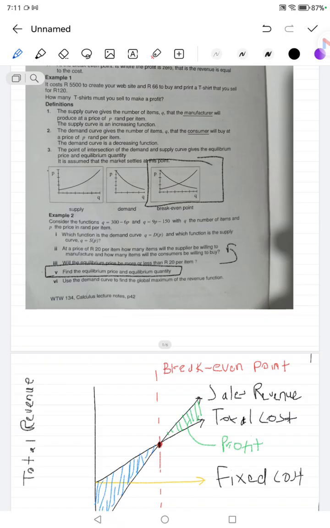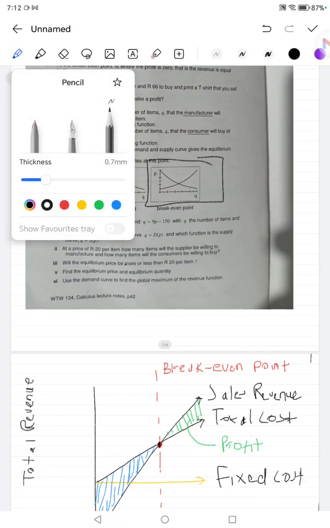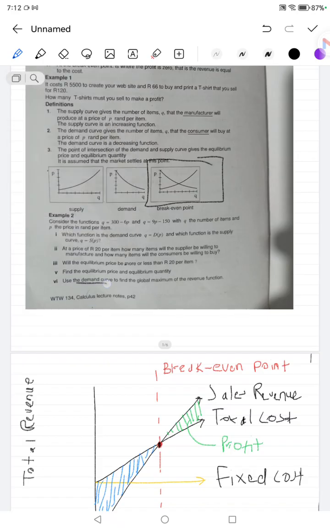Oh yeah, so now they're saying use the demand curve. Use the demand curve. I just like to highlight: use the demand curve to find the global maximum of the revenue.